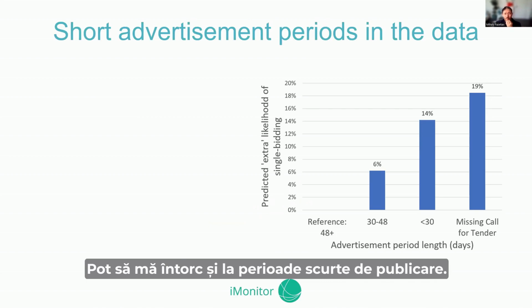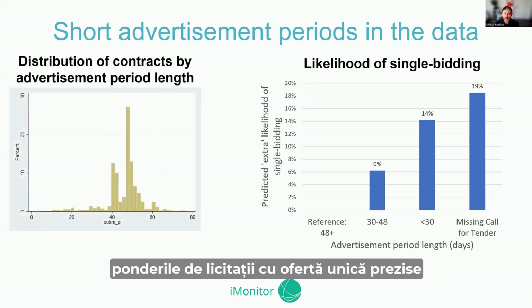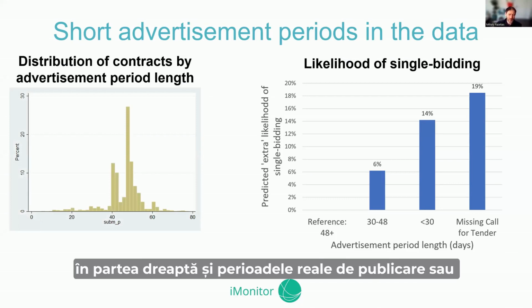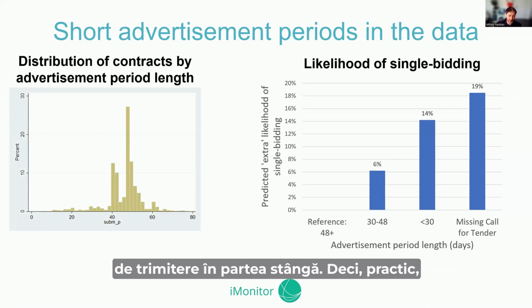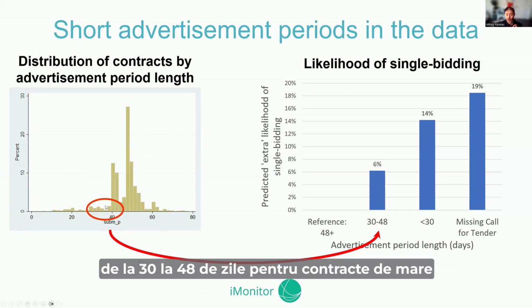Okay, I can also go back to short advertisements. Remember, advertising for a very few days is something where the connected firm can have an unfair competitive advantage. And basically, you can have predicted single bidding rates on the right-hand side and the actual advertisement or submission periods on the left-hand side. So basically, what you have is short advertisement periods, 30 to 48 days for high-value contracts.